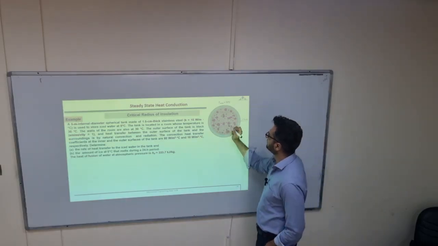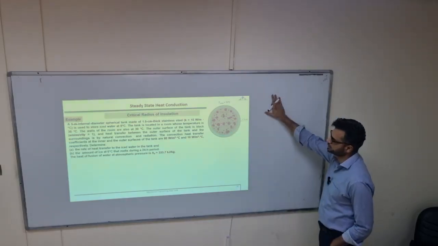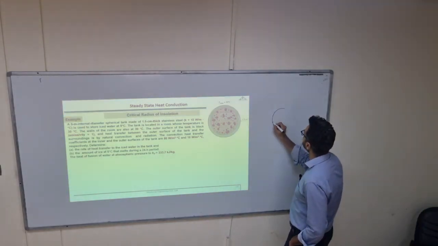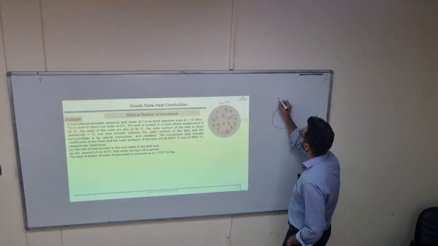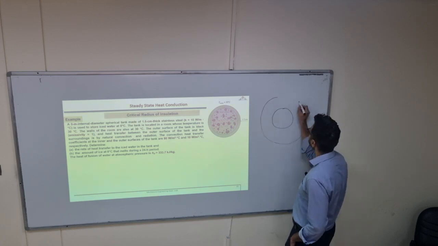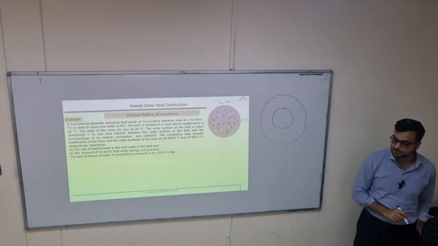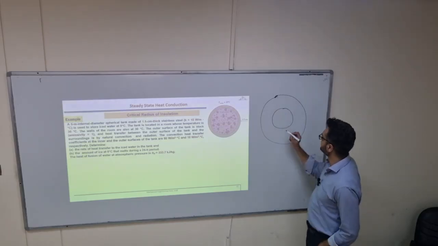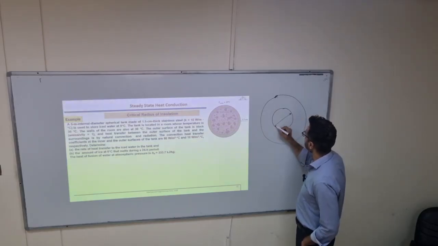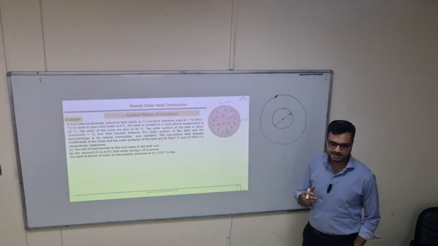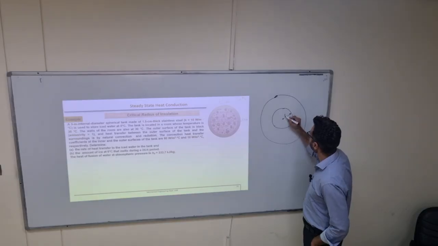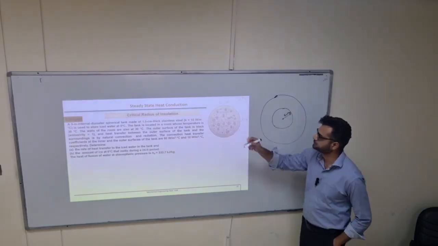So let's draw it separately by showing all the energies, etc. Show the thickness bigger so that you can show every data clearly. Here is the sphere, 5-meter internal diameter. In equations we are using radius, R1, R2, so let's show radius only. So R1 is given, 2.5 meter.